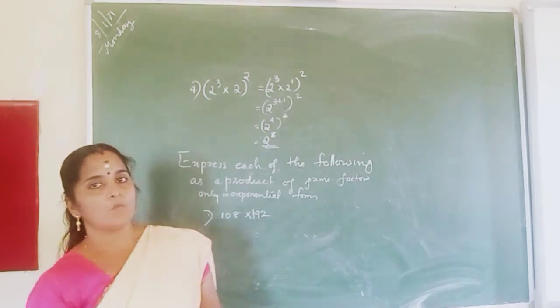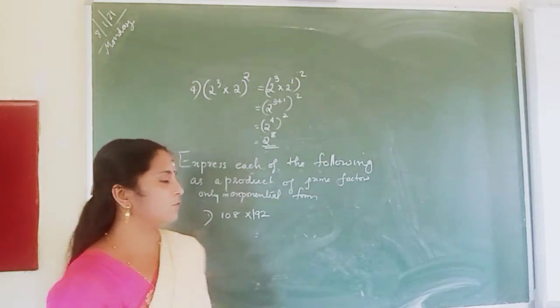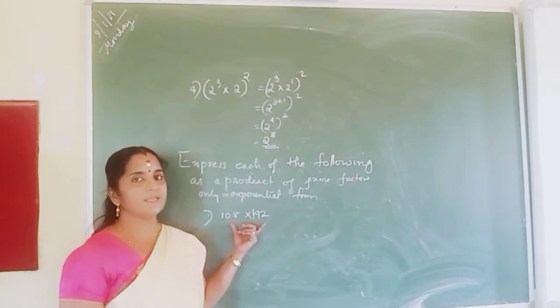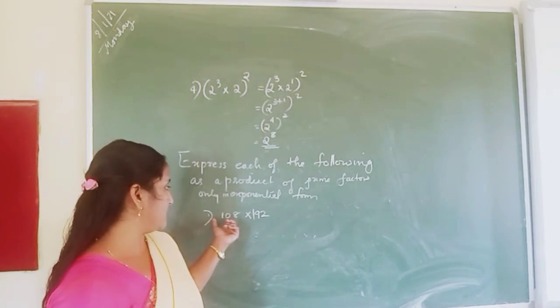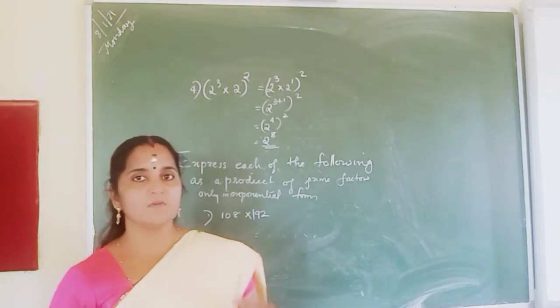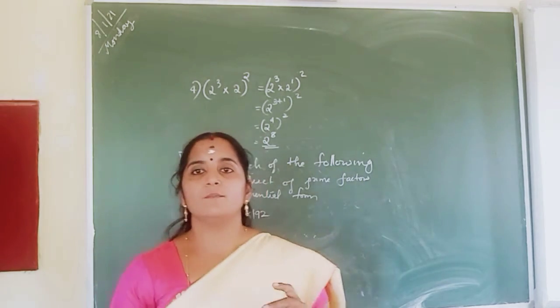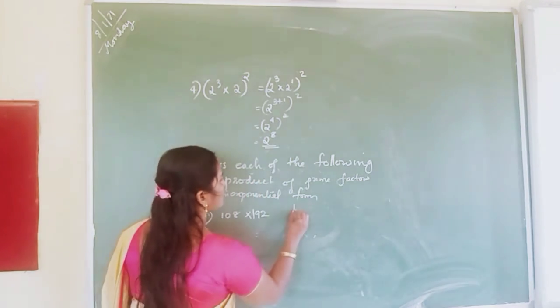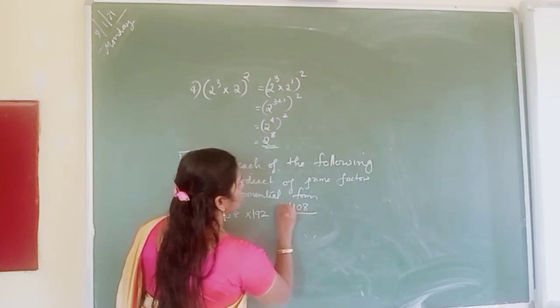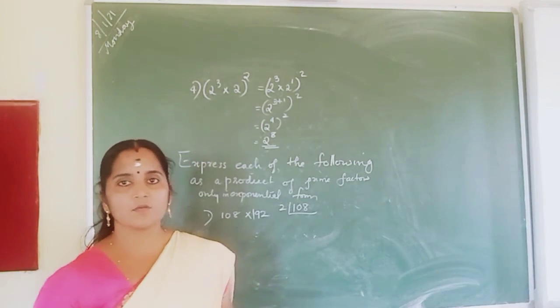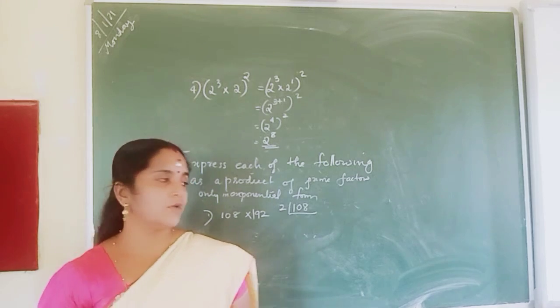First we take the given numbers 108 and 192 separately and convert each into a product of primes. So 108, start with the least prime because 108 is an even number.